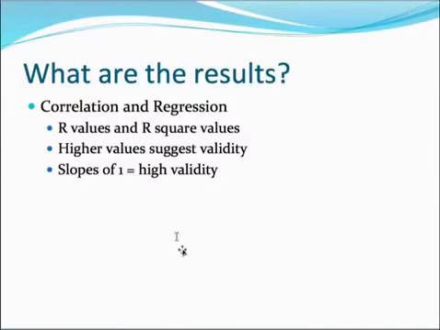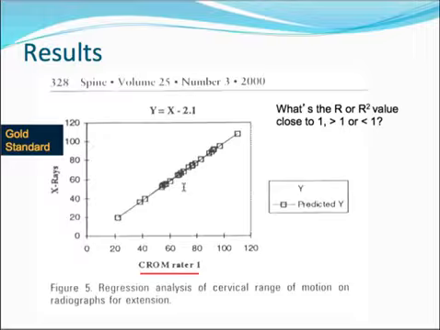In these results, you'll find R values and R square values, where an R value closer to 1 suggests good correlation and then suggests high validity of the new instrument, in this case the CROM. You can also look at the slope, and a slope of 1 means there's agreement. Here are the results from the CROM as it relates to radiographs.